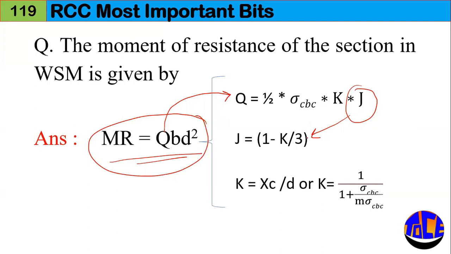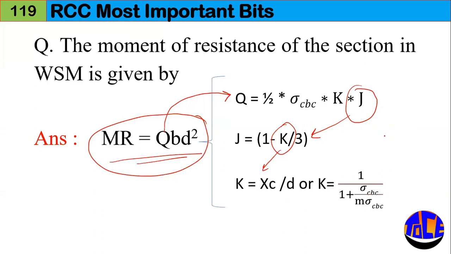In both of them you have K, right? K is your neutral axis factor, and it is given by K equal to XC, the critical neutral axis, divided by D. Or you have another equation for K: K is equal to 1 by 1 plus sigma CBC by M into sigma CBC.